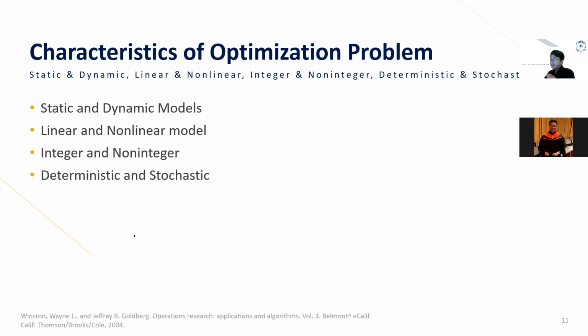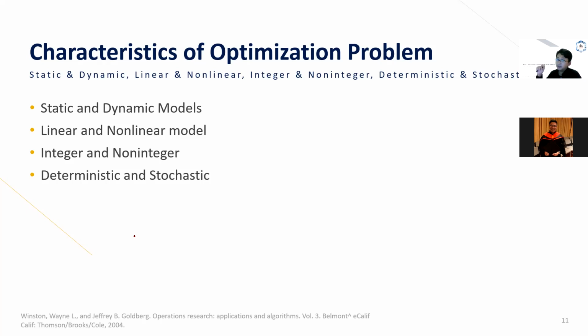And then there are linear and non-linear models. Linear models are those where the decision variables appear in the objective function or in the constraints with no multiplications between them, so that they will not have a non-linear form.